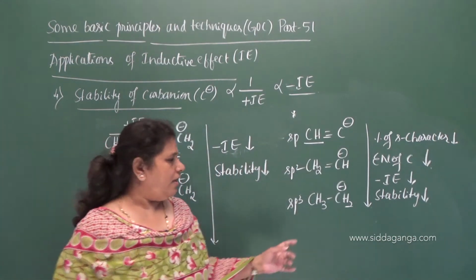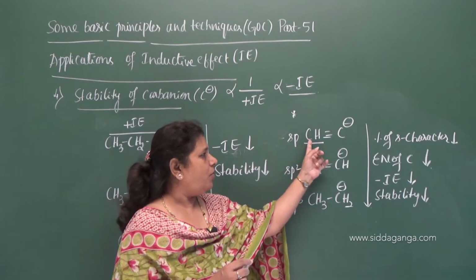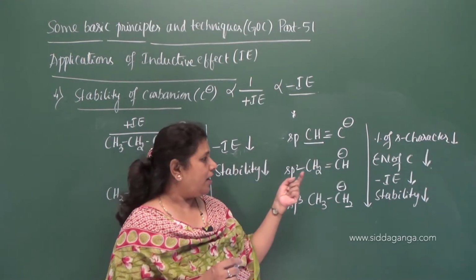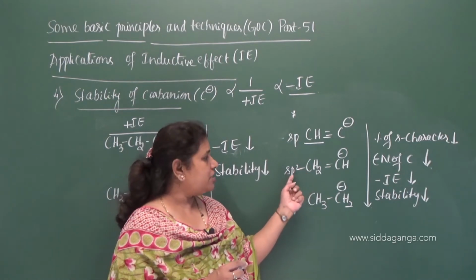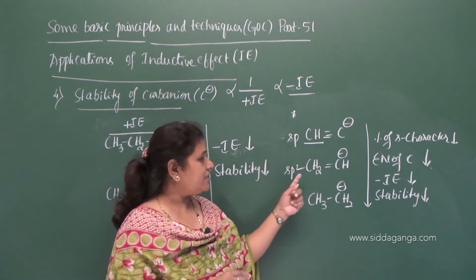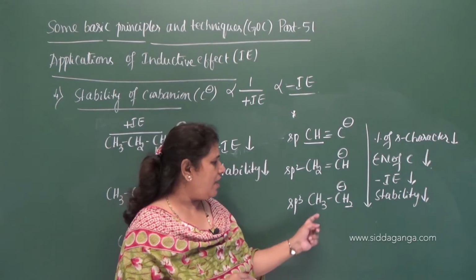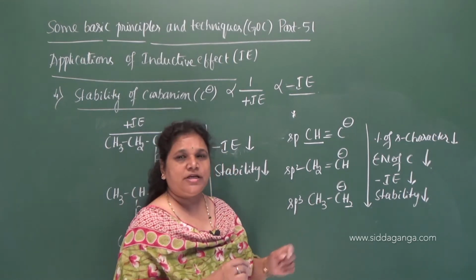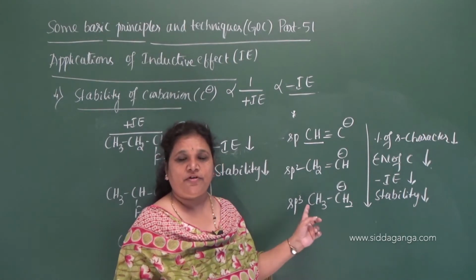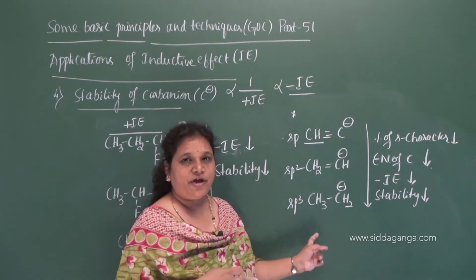Reverse order. Here, this is sp hybridized carbon, more electronegative carbon, therefore it withdraws the electron compared to the sp2 hybridized carbon, because that is less electronegative, its percentage of s character being 33.33%. And if we move on to the CH3 group, it is almost electron releasing. The electronegativity of the carbon atom of a methyl group is very less, as the s character is 25%.